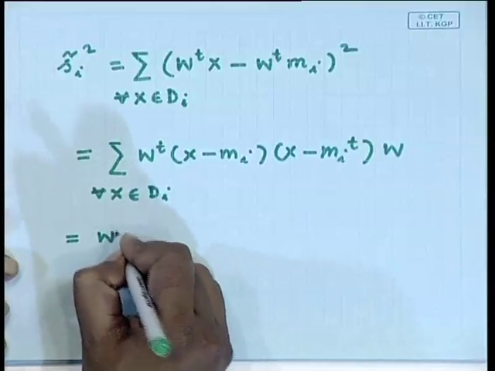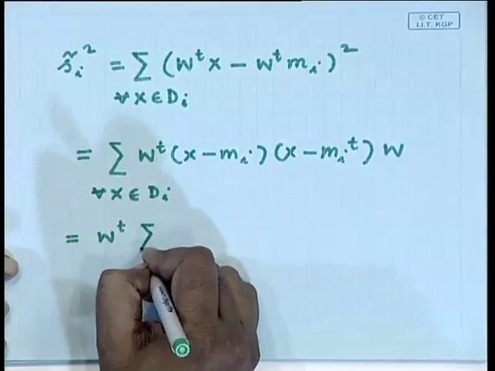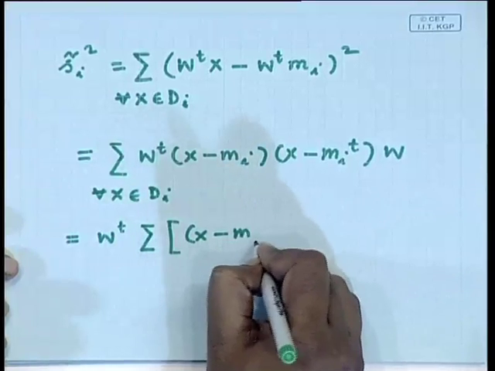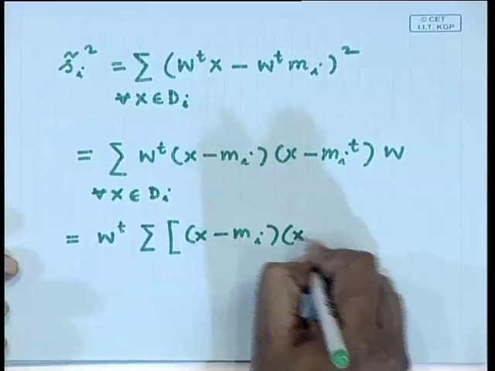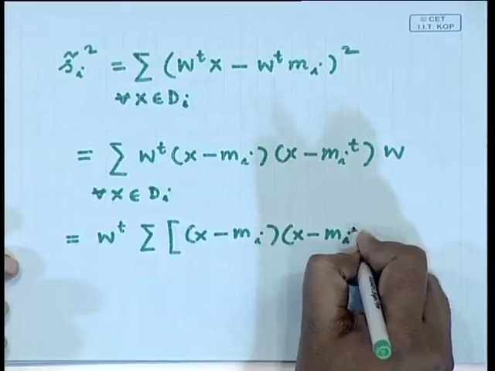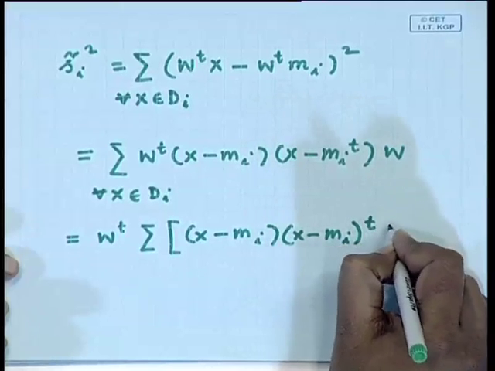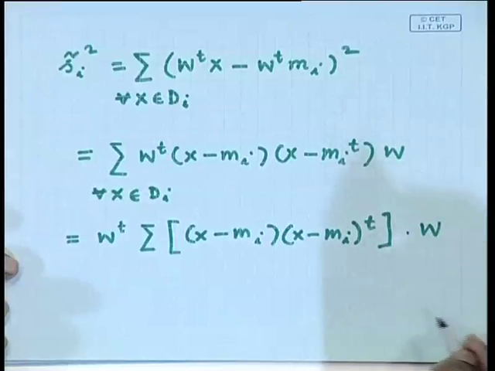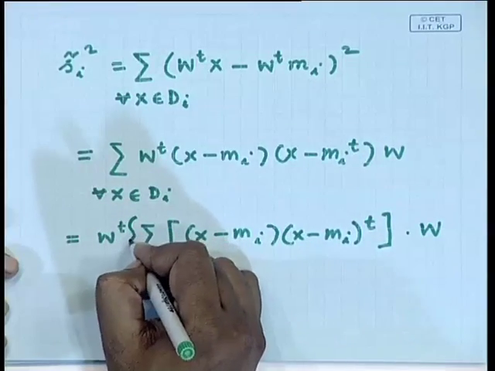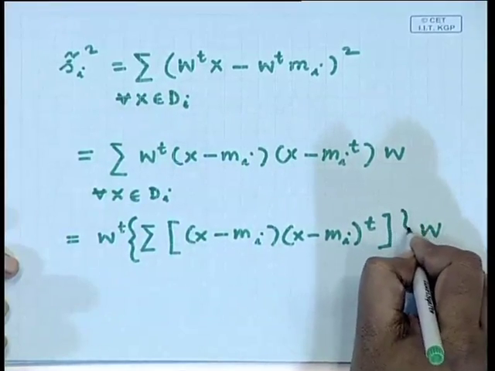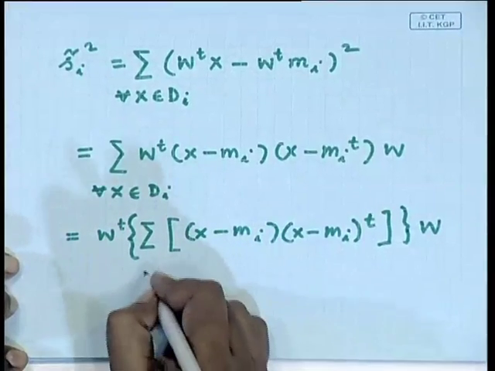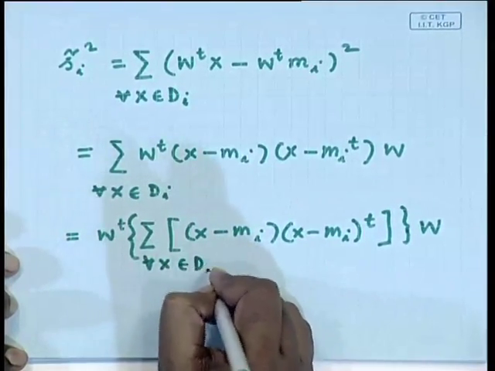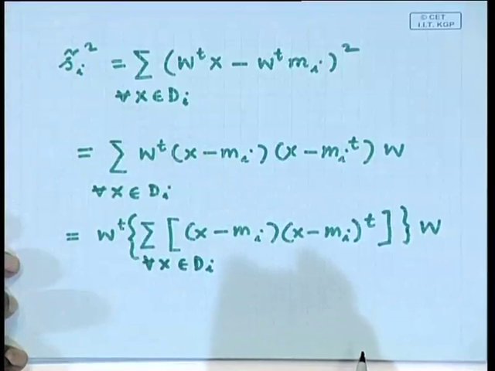So, if I take it outside the summation, what I will have is W transpose, then the summation of (x minus m_i) into (x minus m_i) transpose, into W, where W is outside the summation operation, and this summation I take for all x in set D_i.